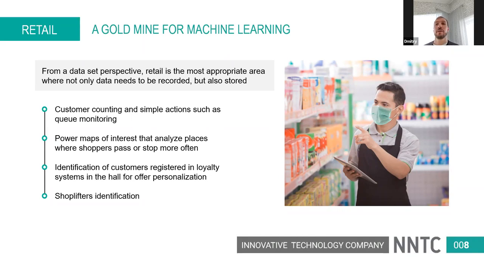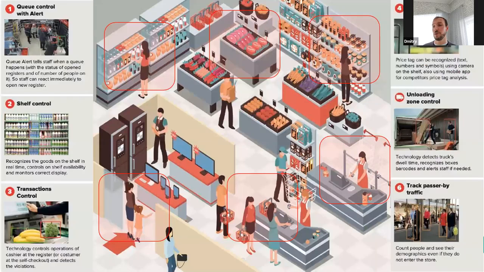So having cameras look at what's happening inside the store can help run the operations more efficiently. There are quite a few things that can be done in a retail outlet, from shelf recognition to understand if there are empty shelves and if the prices are aligned across the whole chain, to detecting queues and alerting the management automatically if there are too many people in the store, preventing shoplifting by creating watch lists of suspicious people.